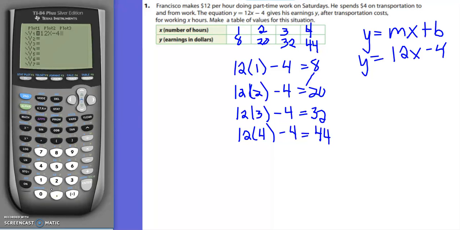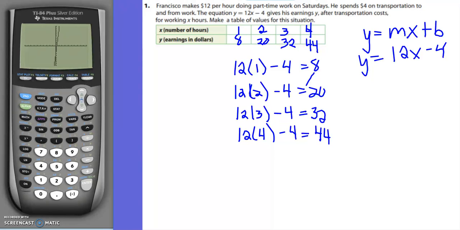Alright, and then second graph. We can check our table. So we have 1, 8 over here, 2, 20, 3, 32, 4, 44. Also, we can take a look at our graph. This is what our graph looks like. It is a linear equation.